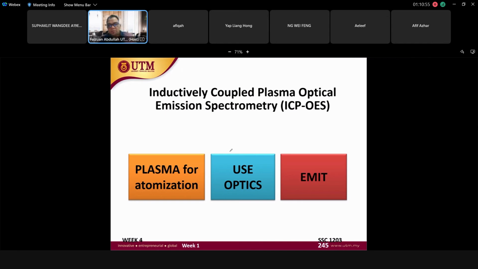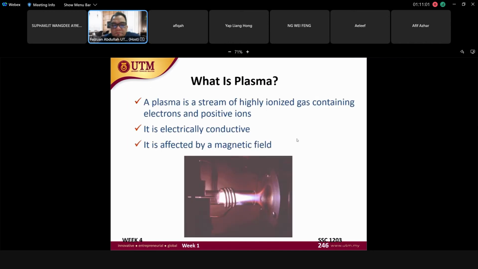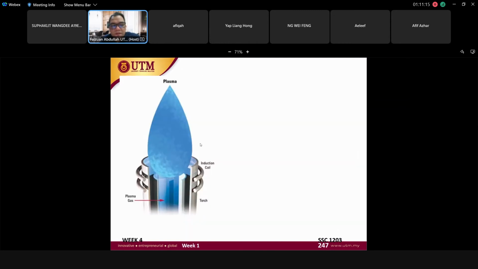The ICP OES measures the emitted light from the analyte. What is plasma actually? It's a stream of highly ionized gas containing electrons and positive ions. It is electrically conductive and affected by a magnetic field. This is plasma.